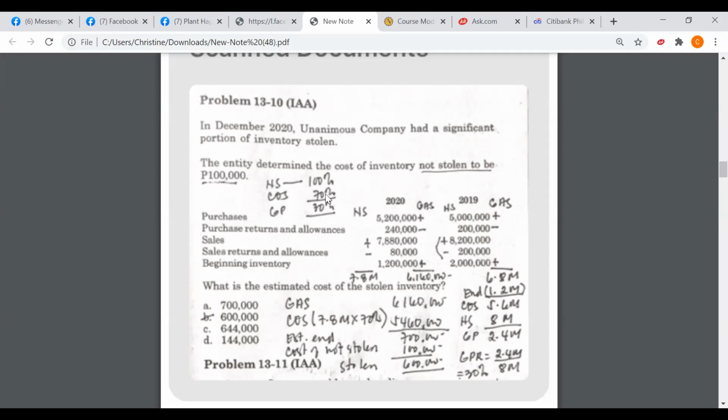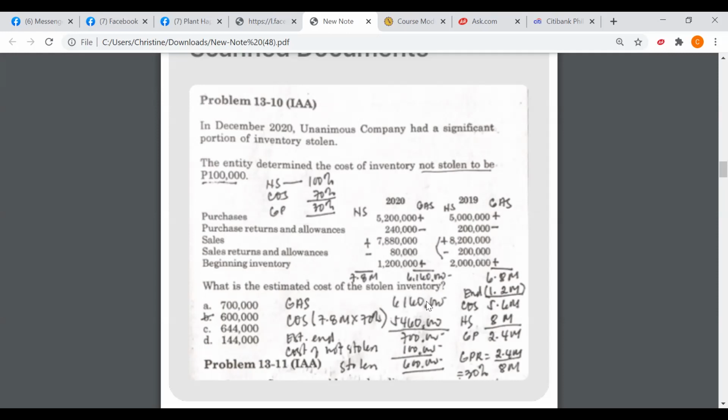So using this, we will now apply to 2020. So our GAS for 2020 here, beginning 1,000,000 plus 5,000,000 purchases less your returns and allowances. So that makes your 6,160,000 as your GAS.